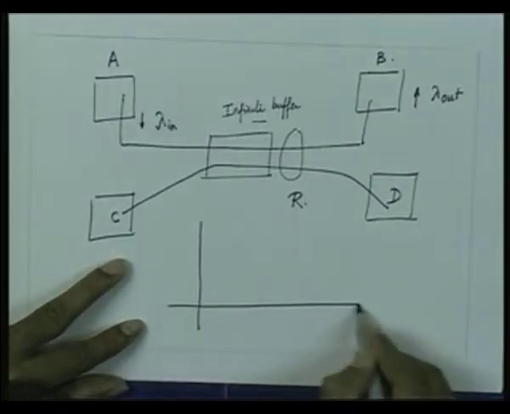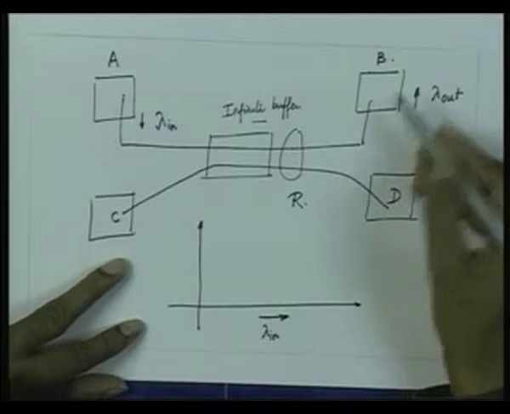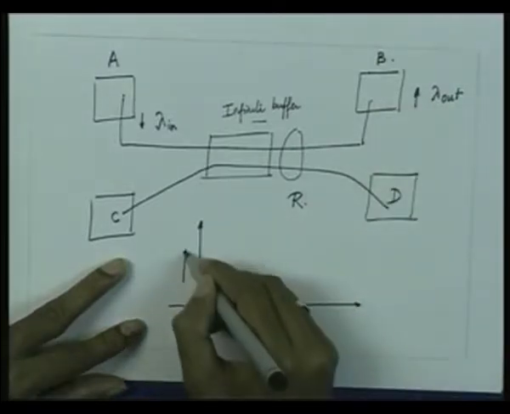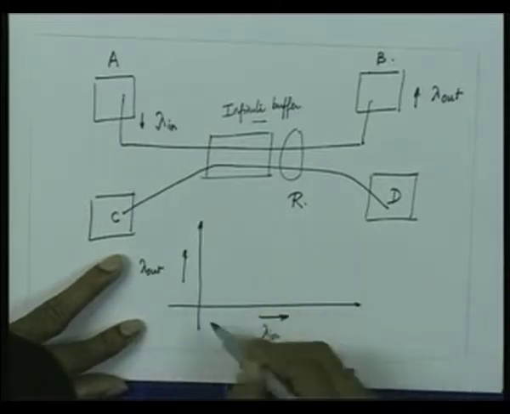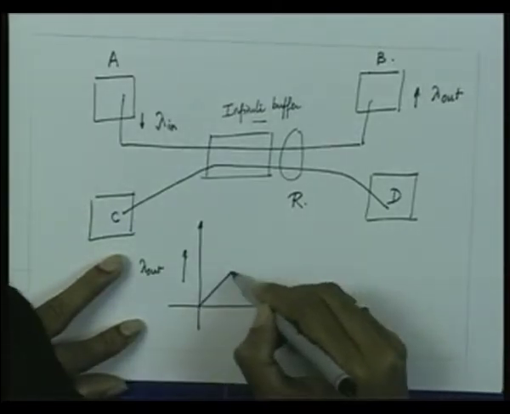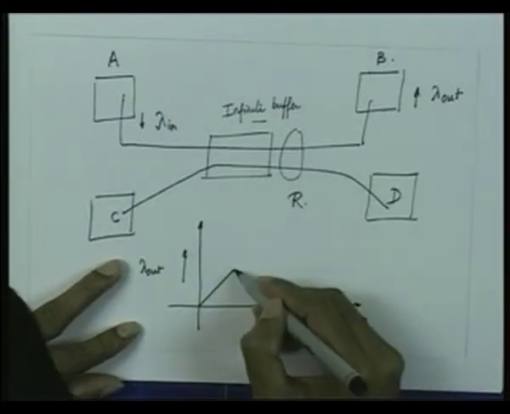If I increase lambda in, my lambda out is going to increase, right? So I am plotting lambda in versus lambda out. If I increase lambda in, my lambda out is going to increase, because the link still has lots of capacity.